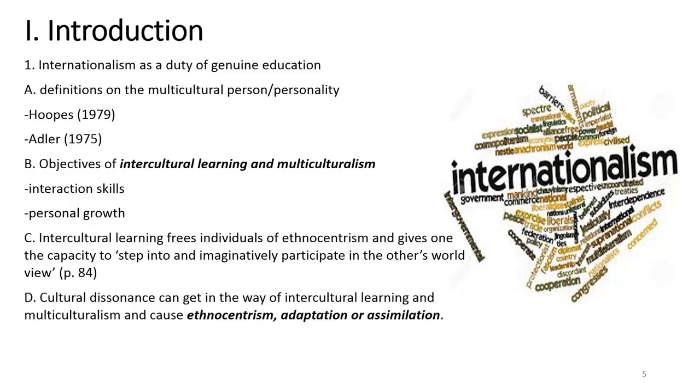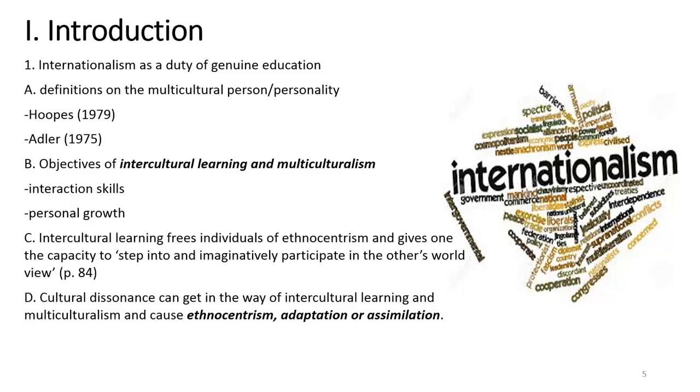Our author tells us that cultural dissonance can get in the way of intercultural learning and multiculturalism. Now, it can be a positive thing and it can support us and propel us to become a person with a multicultural personality, but sometimes cultural dissonance can cause harm. So it can go one way or the other.